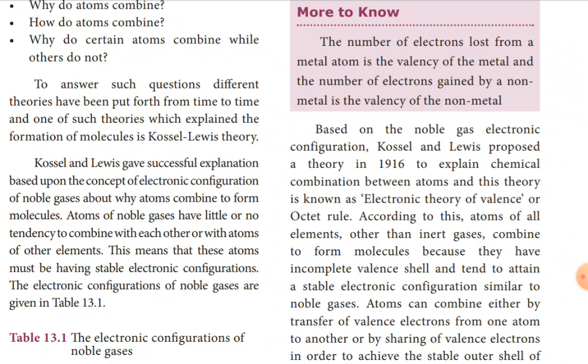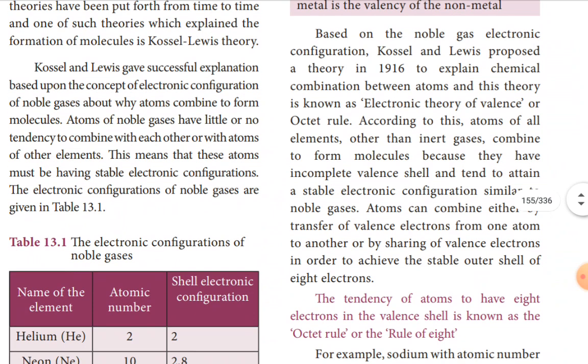See, atoms can combine either by transfer of valence electrons from one atom to another or by sharing valence electrons in order to achieve the stable outer shell of 8 electrons. So how are these atoms combined? They are going to combine by transferring electrons.